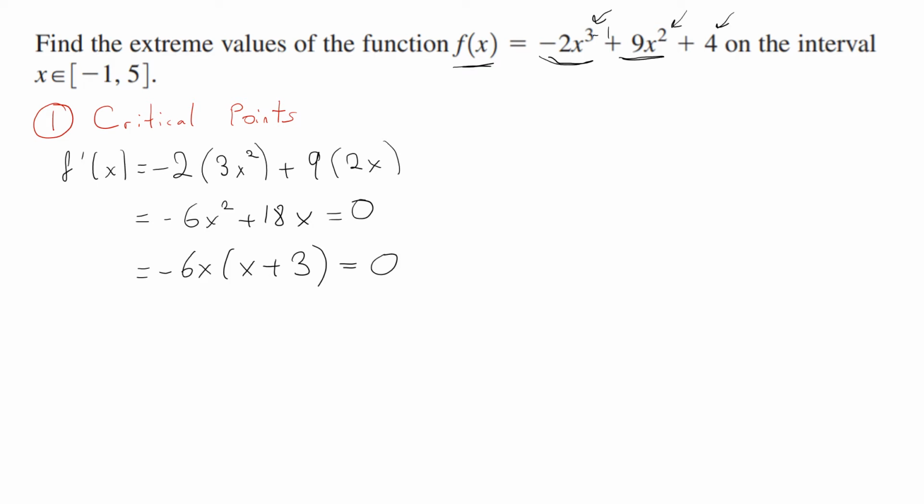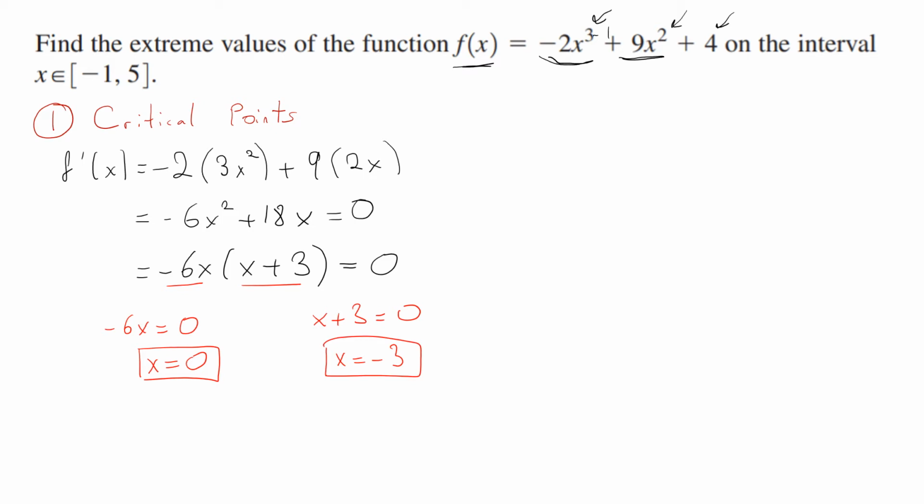I can divide this into two sections, where negative 6x equals 0, as well as x plus 3 equals 0. Now if I divide each side by negative 6, I'm going to end up getting x equals 0. So I found one of my critical points, and the other one is x equals negative 3.